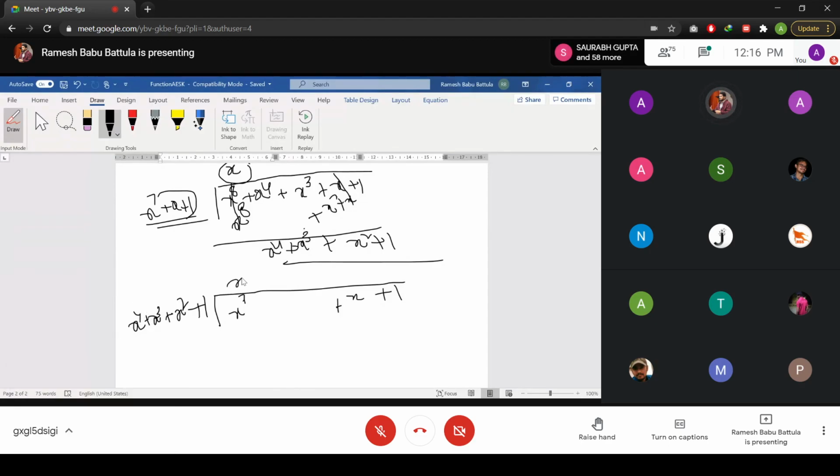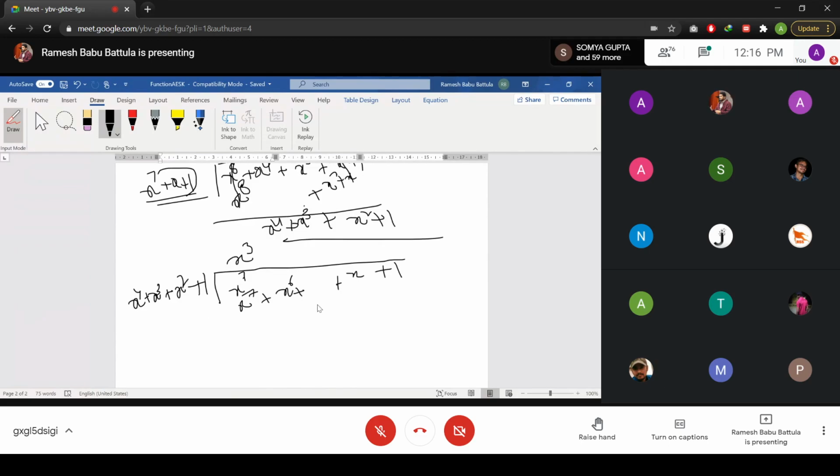Okay, I'm using it like this. Here x to the power 7, so I need to use x to the power 3. If I multiply x to the power 3, I get x to the power 7 here, plus x to the power 6 here, plus my x to the power 5, plus x to the power 3.